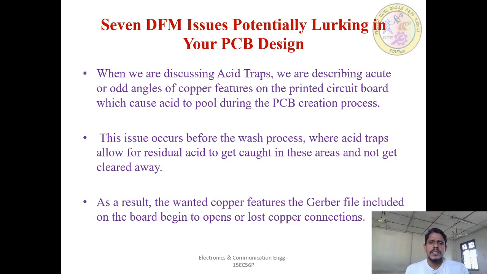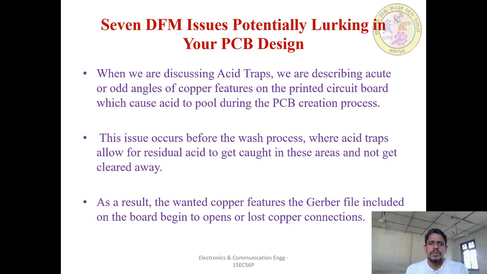When we are discussing acid traps, we are describing acute or odd angles of the copper features on the PCB which cause acid to pool during the PCB creation process. That is, the angle provided in the PCB should not be an acute angle.